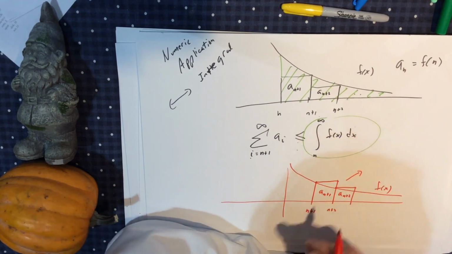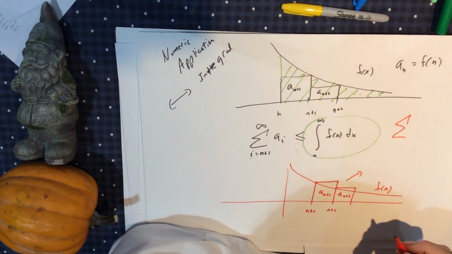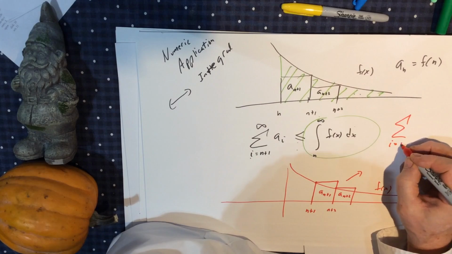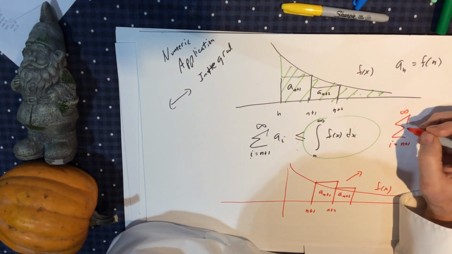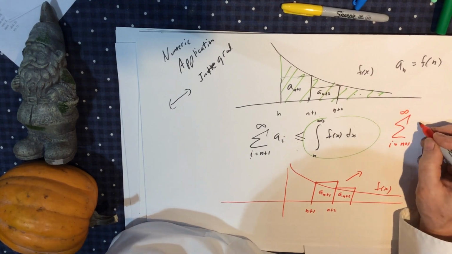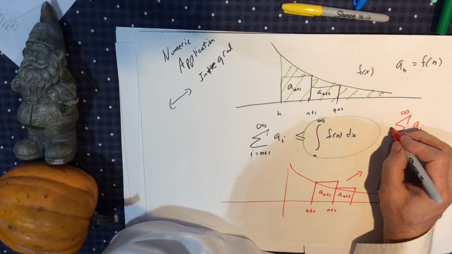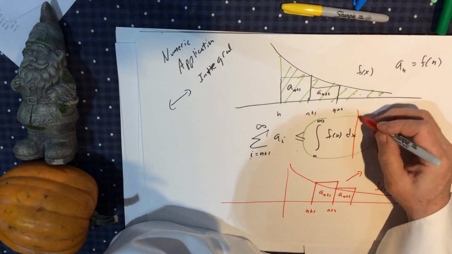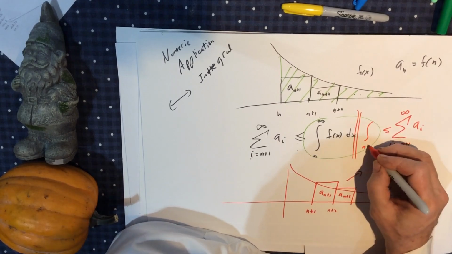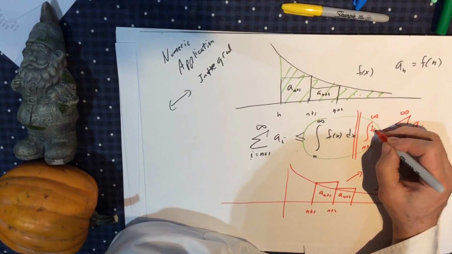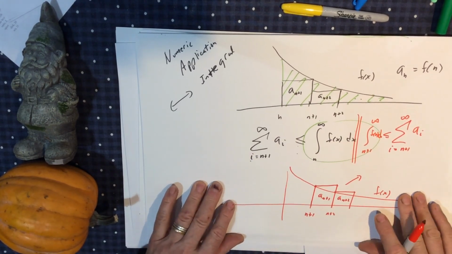So what does this picture say? It says that if we add up my index starting at n plus 1, and I go to infinity, and we put a sub i here, those boxes are greater than or equal to, well, not the same integral. It's the integral from n plus 1 to infinity of f of x. Huh, what can I do with these two facts?